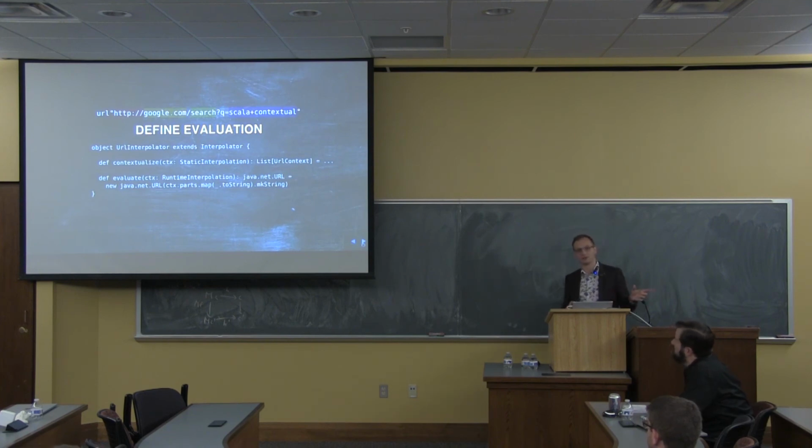That gives us the literal values again that we had before, but it also gives us access to the parts. Actually, parts for contextual is all of them. We can access both the literals and the other values. We're being quite lazy here, and we're just calling toString on them, and then we're making that into a string. But you can do whatever you like to interpret those however you see fit.